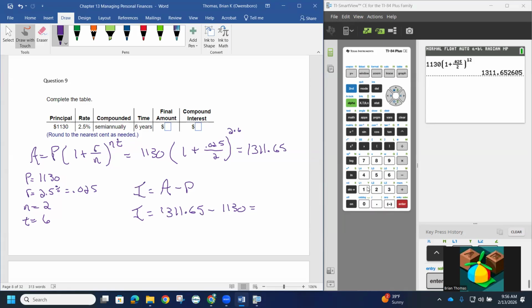So we have 1,311.65. If we subtract 1,130, that's going to give us how much interest, which would be $181.65 is how much interest I paid on that investment, or if I borrowed it. So we'll stop there and we'll see what we have going on next here.